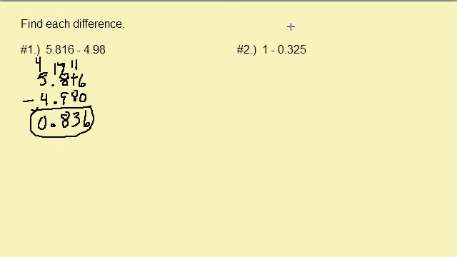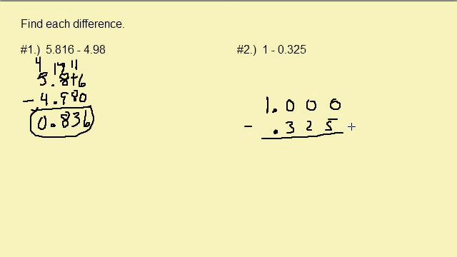Alright, so here we have 1 minus 0.325. So we have 1, and remember the decimal here is to the right of the 1. And then 0.325, so we put our decimal, and 325. Now for the 1, we can add zeros behind the decimal, and it doesn't change the value.